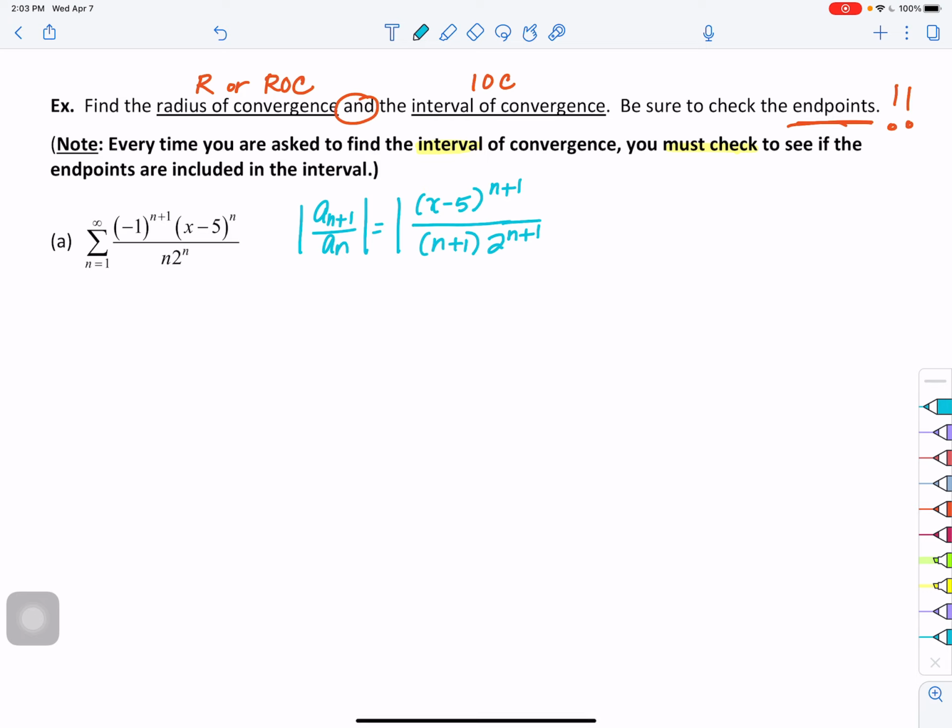And then when we take the absolute values, we lose this. Just to make note when you take the absolute values. Okay, now let's multiply. Since we would divide by the nth term, we'll multiply by the reciprocal.